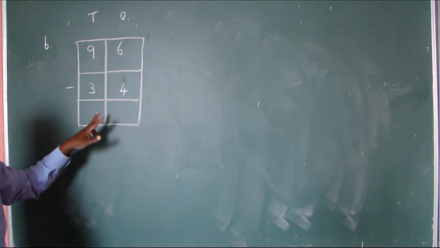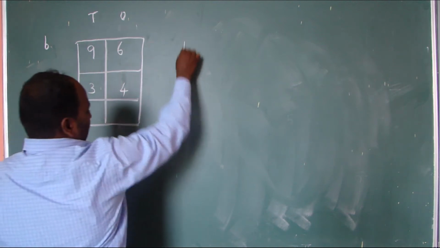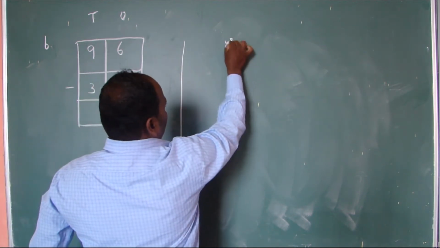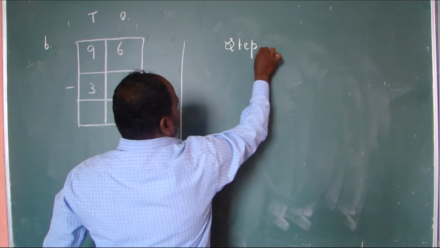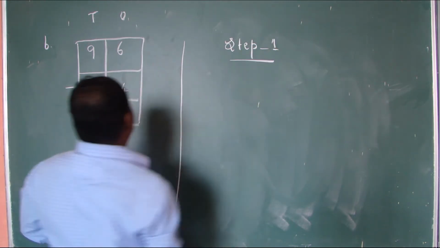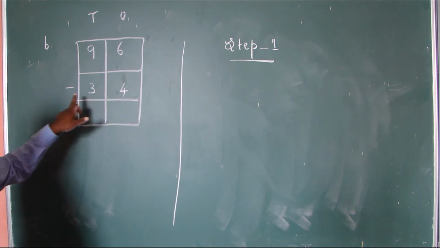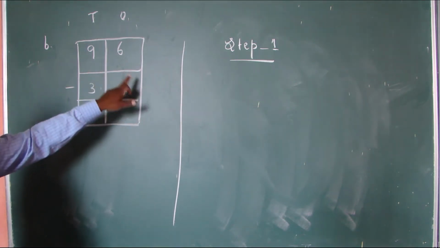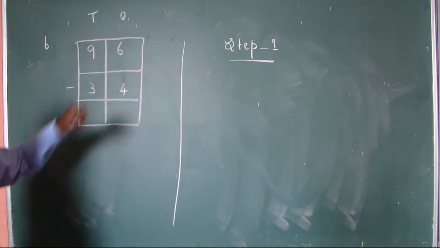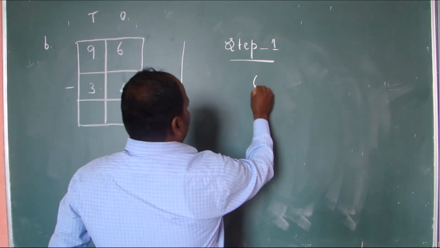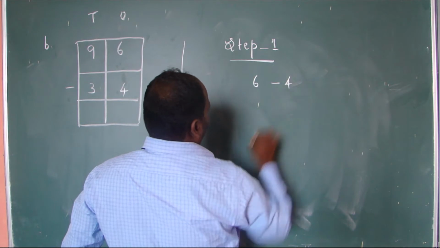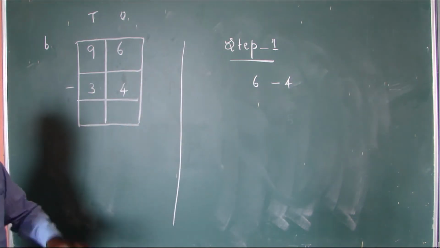First we solve the ones place. Step 1. Here the number 4 is subtracted from 6. So 6 minus 4.